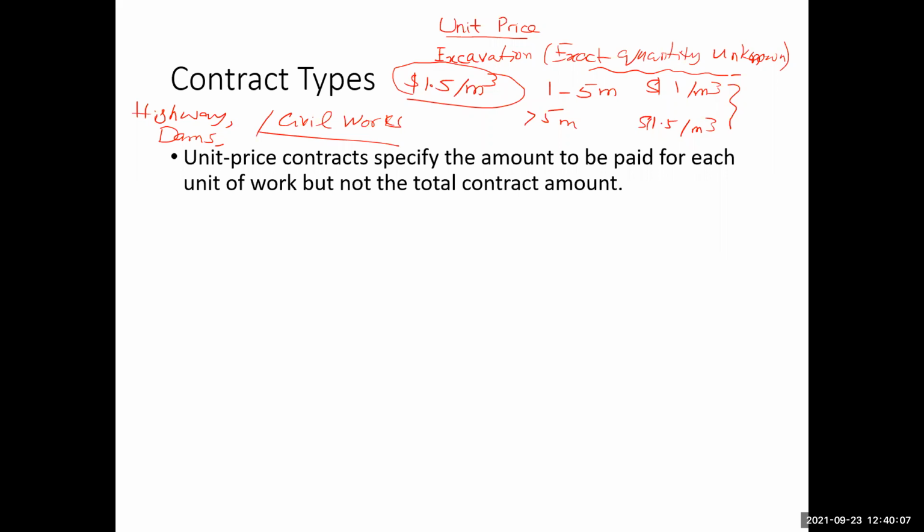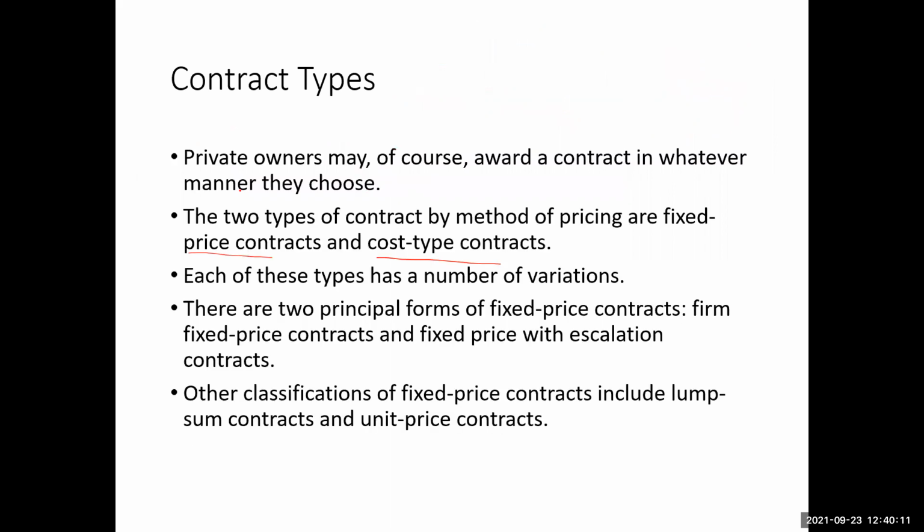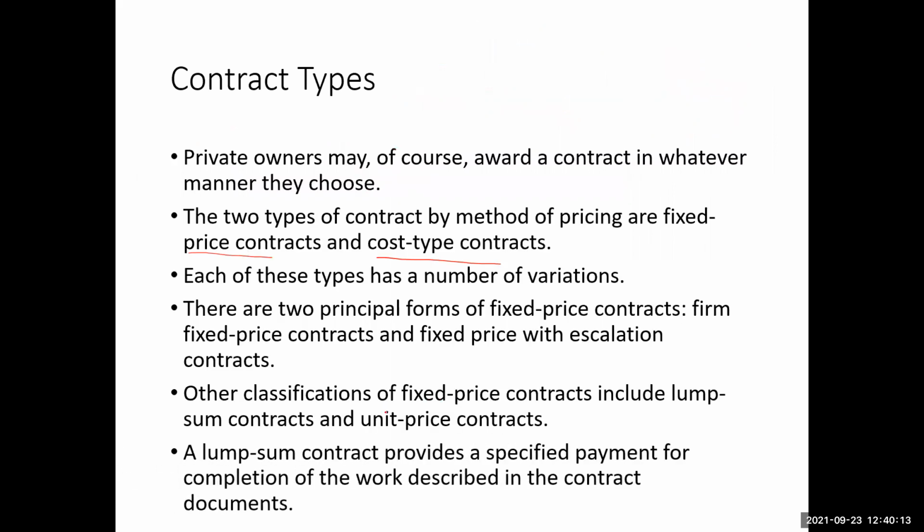Whereas the lump sum contracts, as we previously described, which are one form of the firm fixed price contract, are normally done for building works, because in building works the quantities are known.